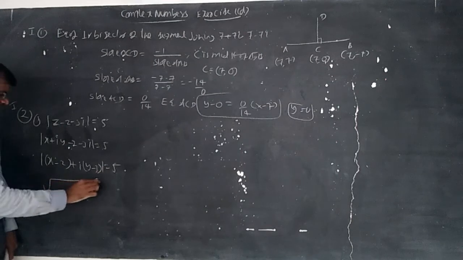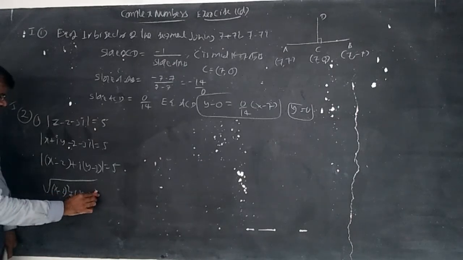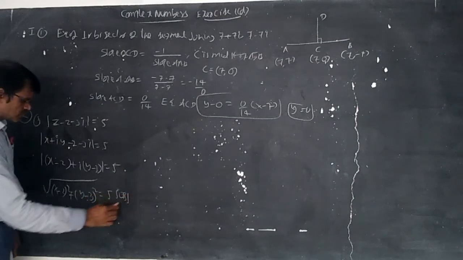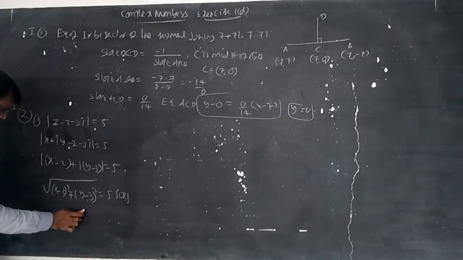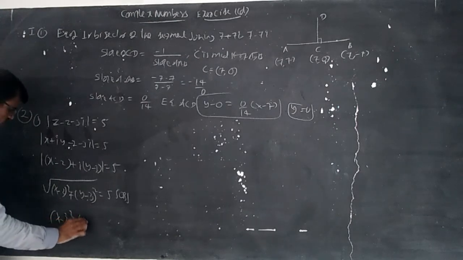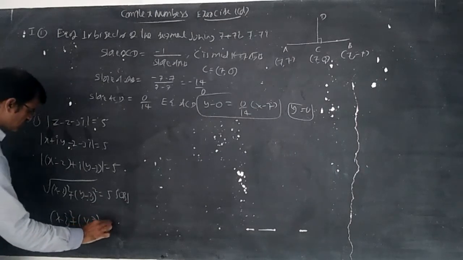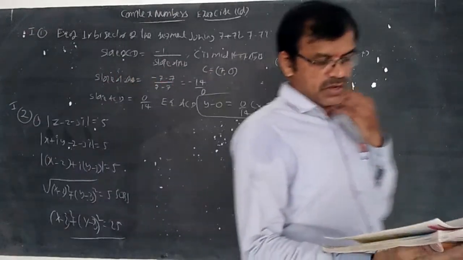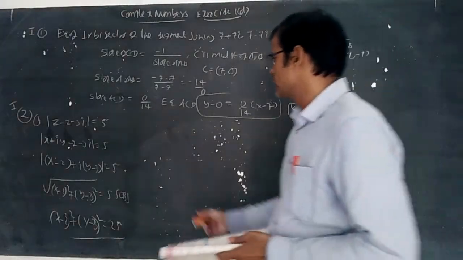We know that modulus means root of component square plus component square: root of (x minus 2) whole square plus (y minus 3) whole square is equal to 5. Squaring on both sides, (x minus 2) whole square plus (y minus 3) whole square is equal to 25. It is a circle having center (2, 3) and radius 5. Directly it is indicating the circle concept.